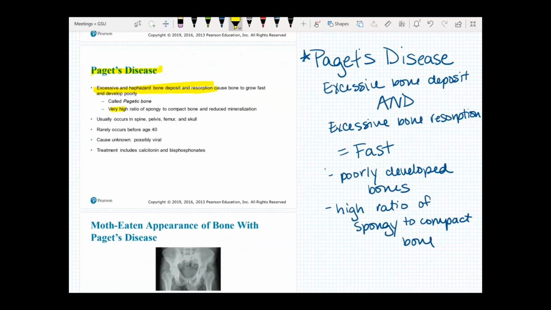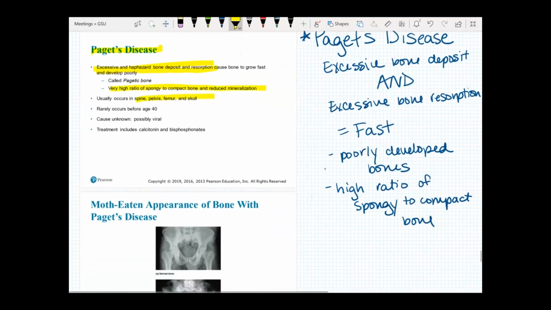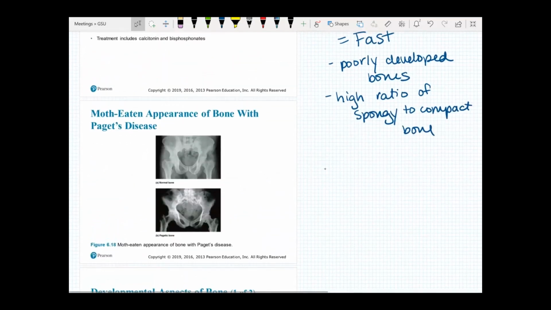This is usually going to occur in your spine, your pelvis, your femur, or your skull, and it rarely happens before 40. You can see this right here is Paget's disease. It kind of looks like osteoporosis under the microscope, but it's the ratio of spongy to compact bone that they're looking for, not holes in the bone, which is what they're looking for with osteoporosis.